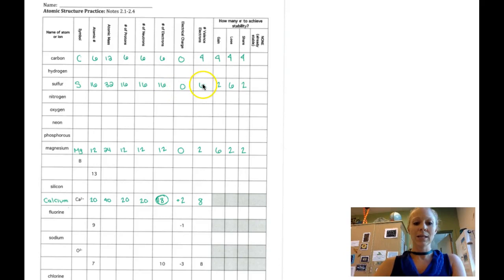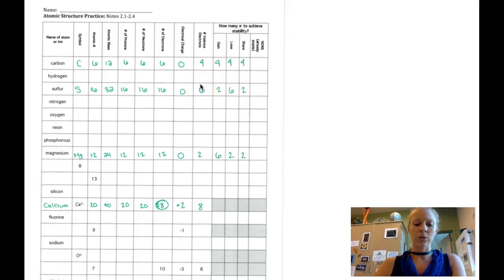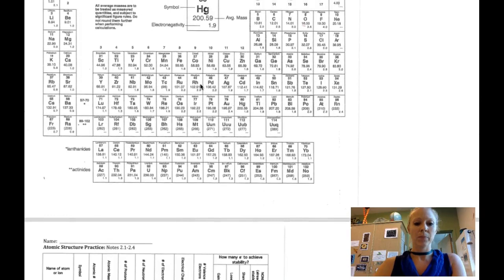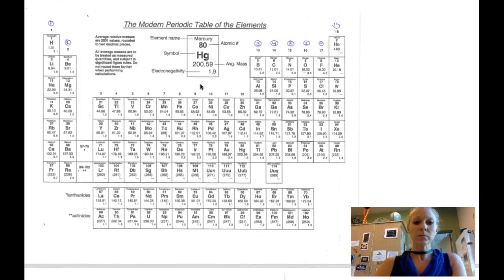Now when we look here at the valence shell, we can use the periodic table to give us all of this information. So let's go back up to our periodic table. The number of electrons in the valence shell, which is the outermost shell, is going to be right here: 1, 2, 3, 4, 5, 6.